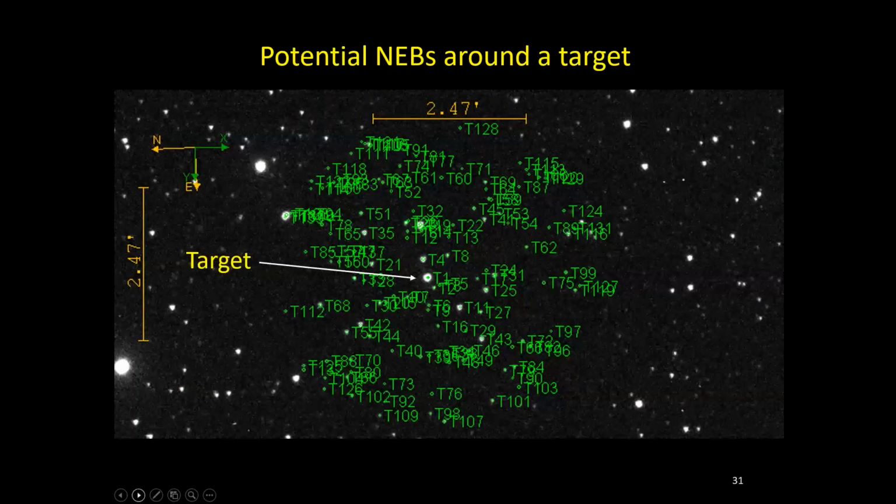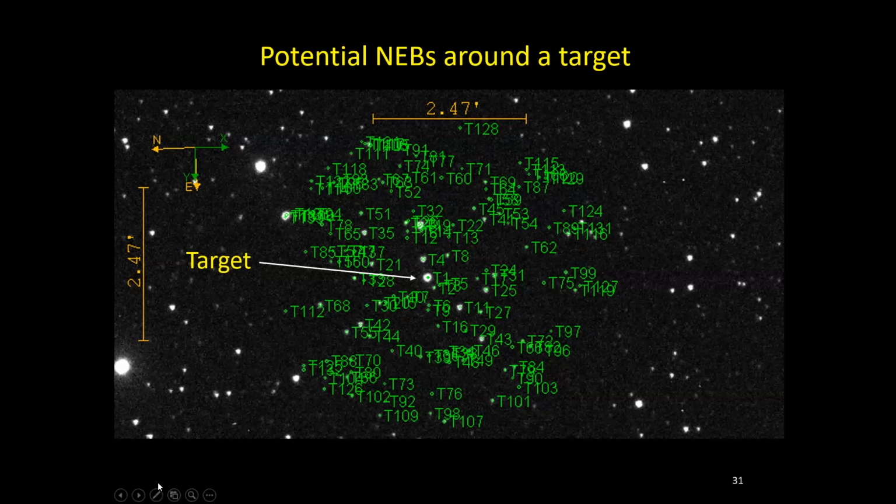Now, one of the issues is that because of the large photometric aperture that TESS has, we have to look at a number of different potential stars around the target to see if they are, in fact, eclipsing binaries that might be producing a false positive.